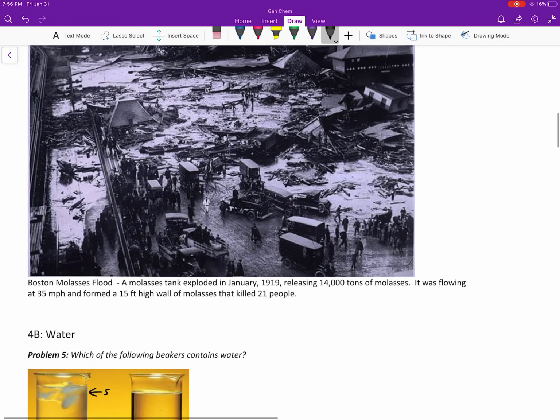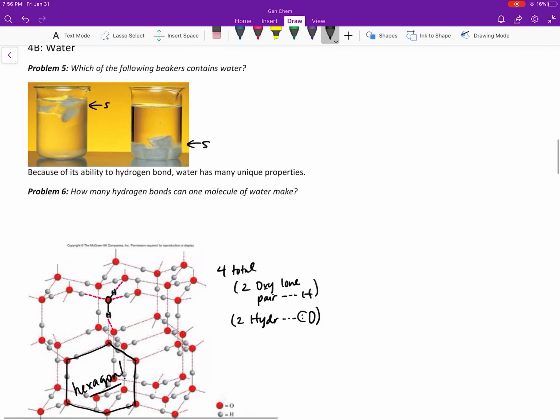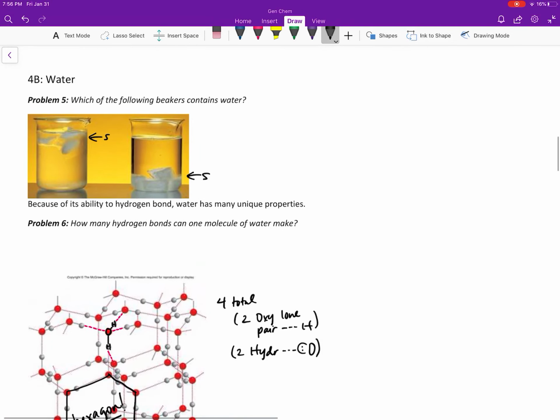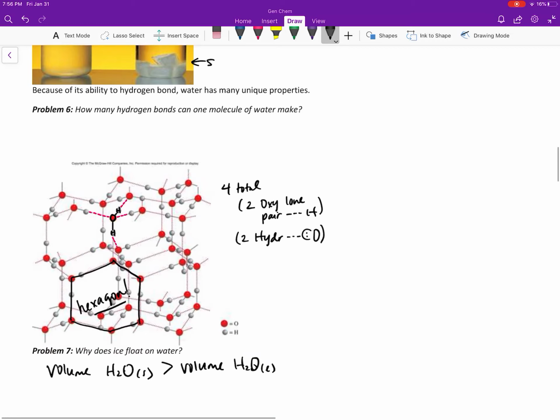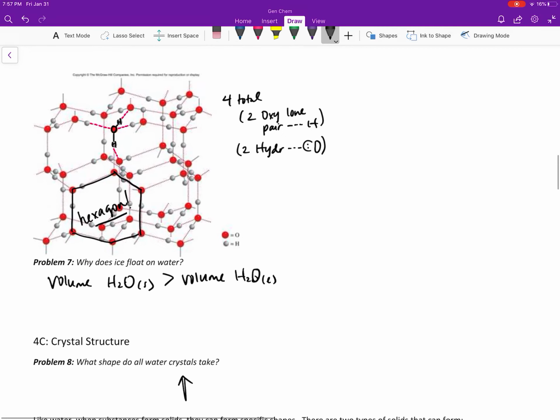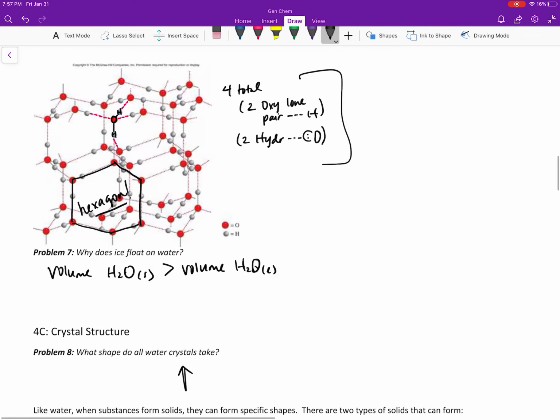The terrible Boston molasses flood. We talked about the unique structure of hydrogen bonding when it's in the solid state and how it can make 4 total NOF bonds, which provides extra stability. The extra stability requires extra energy to overcome, which is why water has a boiling point of about 100, which is fairly high for a liquid.